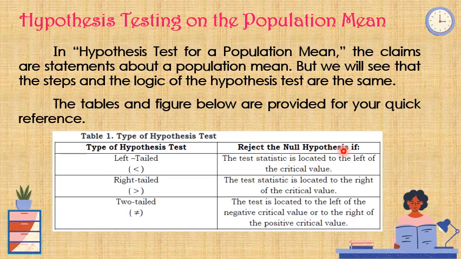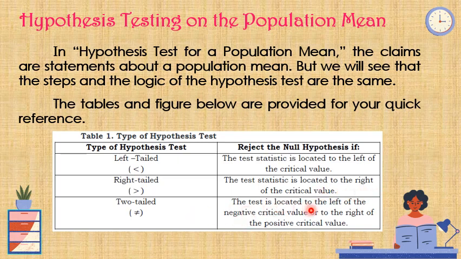So when do we reject the null hypothesis? If it is a left-tailed test, we reject the null hypothesis if the test statistic is located to the left of the critical value, or pasok siya doon sa ating rejection region. Right-tailed, the test statistic is located to the right of the critical value, again in the rejection region.